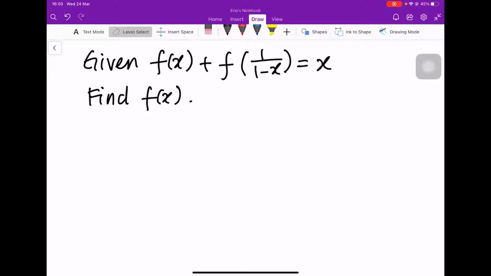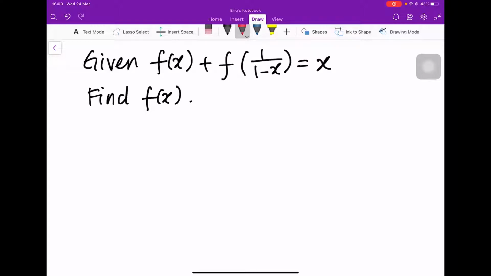In order to solve this functional equation, because our goal is to find f(x), maybe what we can do is create a system of equations and solve for f(x). This is how we do it.